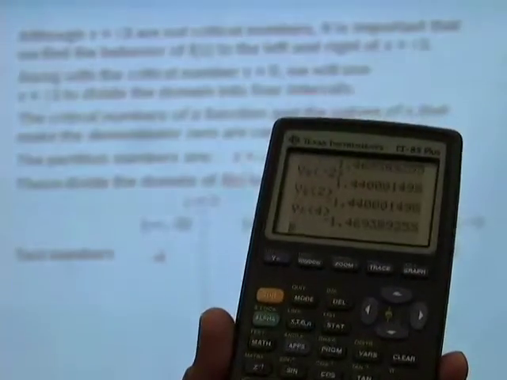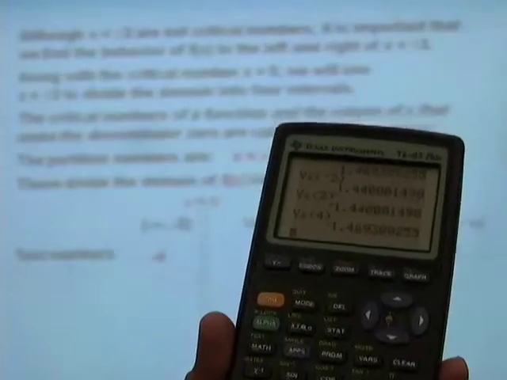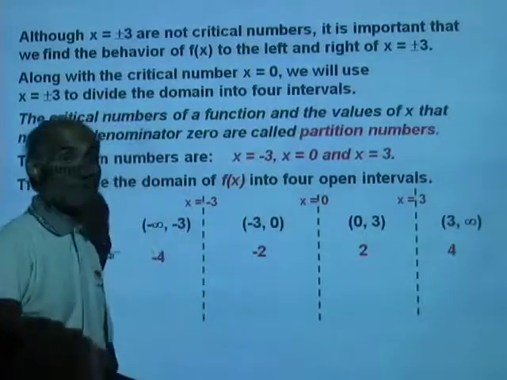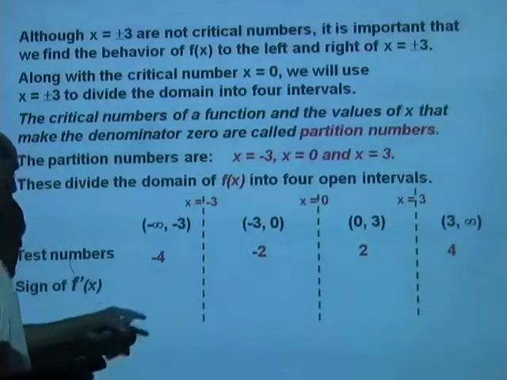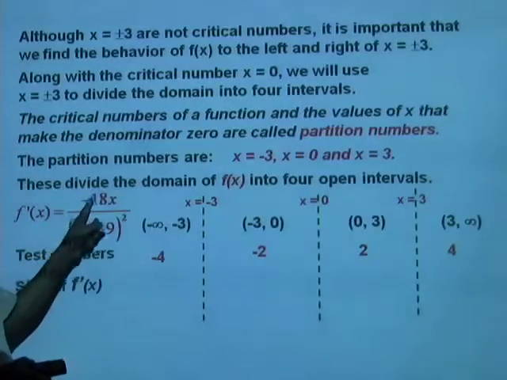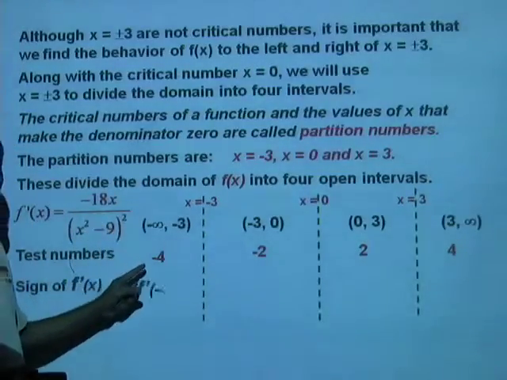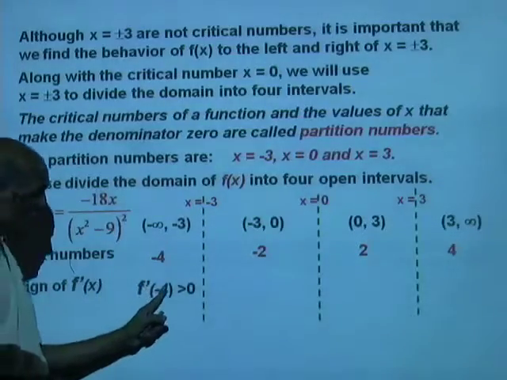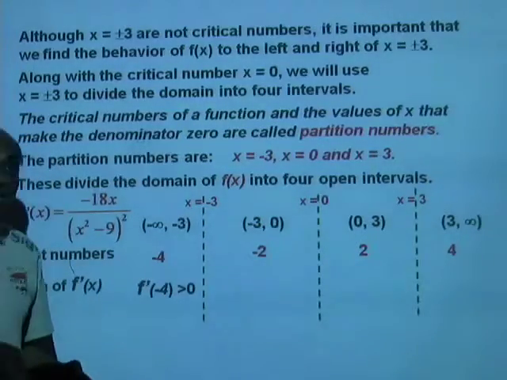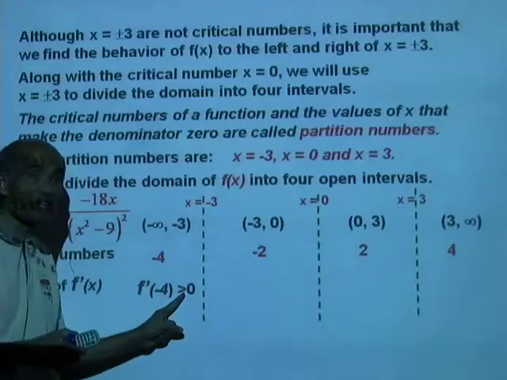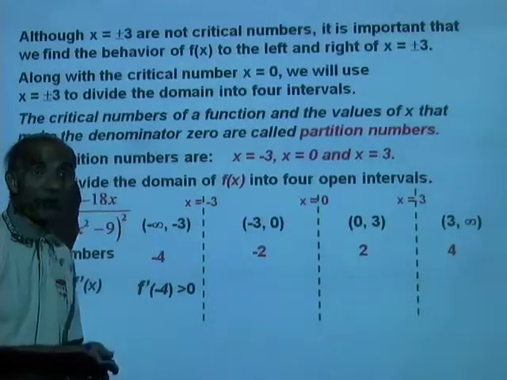So what you notice is, let's go back to the board now. So what do we have? We have the sign of f prime x. This is our f prime x. At x equal to -4, we found it is positive, greater than 0.